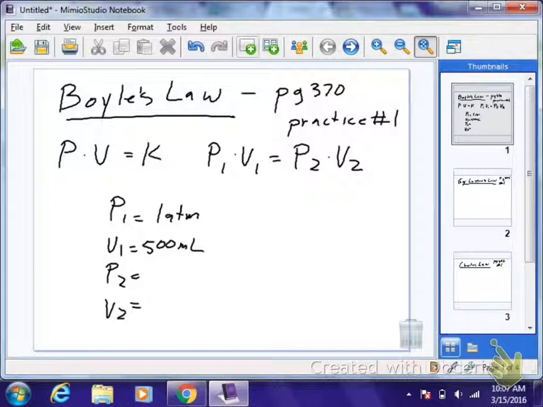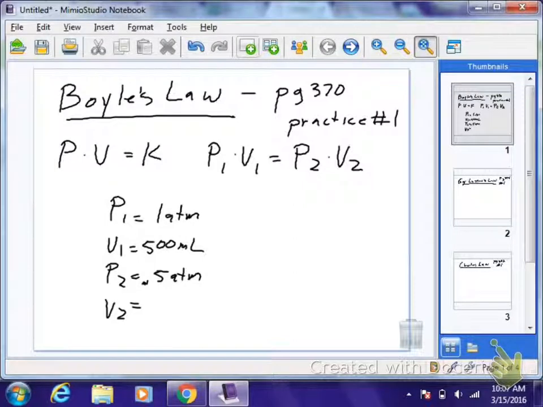As it got to that new altitude, the pressure was measured to be 0.5 atmospheres. Then it's asking, what's the volume of the balloon at that point in time? Did the balloon get bigger or smaller, do you think? Bigger. 1 to 0.5, less pressure on it. Less pressure means the volume can get bigger at the same temperature.